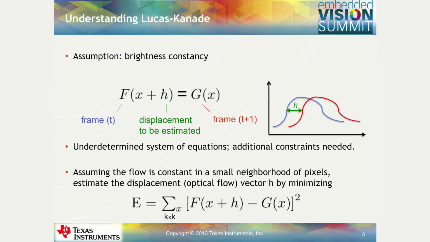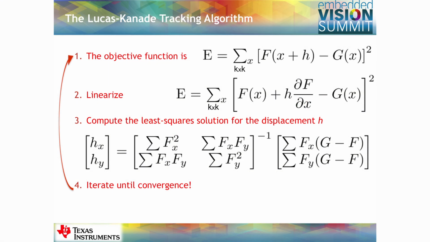What if I was looking at the translated version of the first image and looking at the comparison, let's say sum of square differences, and if that was the energy to be minimized, and the correct answer then will come out as the vector h that minimizes this equation. So here's the algorithm flow. The objective function is what I have just shared.